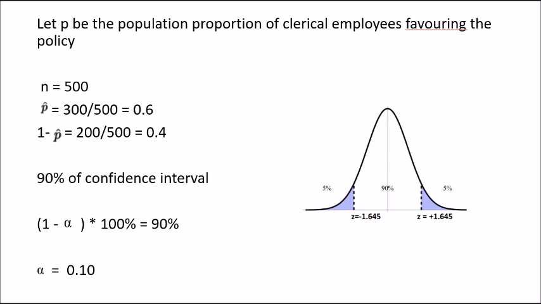The question states that the confidence level is 90%, which means alpha is equal to 10%, and in the diagram, the 5% blue area is the critical region, and we need to find whether the population proportion is in the critical region or not.